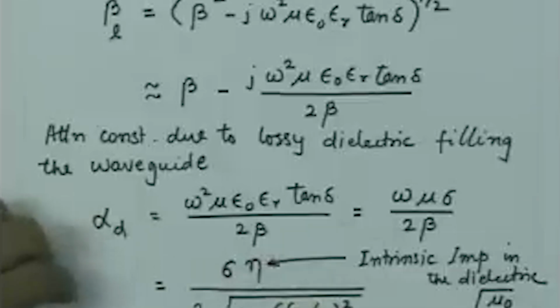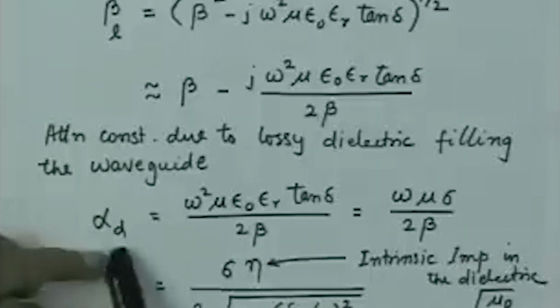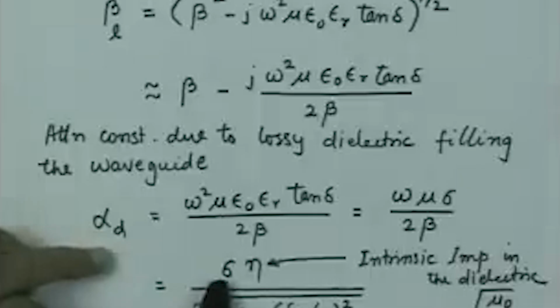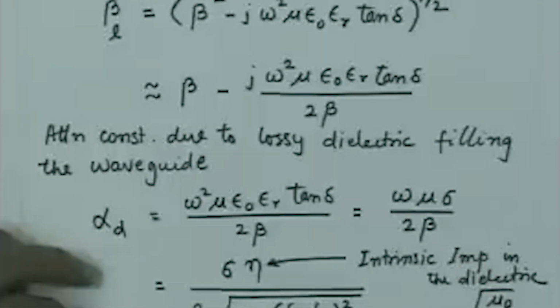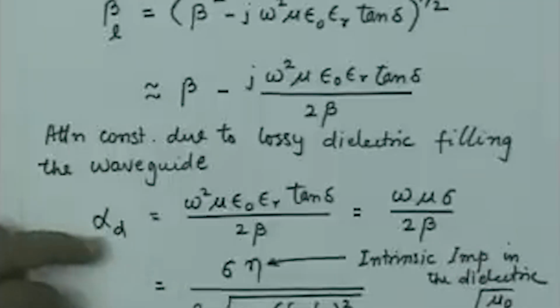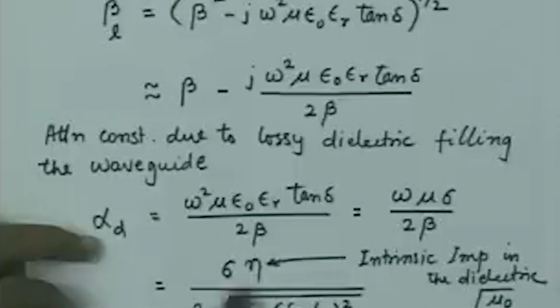As one can say, for low losses, the attenuation constant is proportional to the conductivity of the medium. But what you should also see is that this now is related to even this cutoff frequency. So, when the frequency is much larger compared to the cutoff frequency, this expression is very similar, sigma upon 2 into eta.